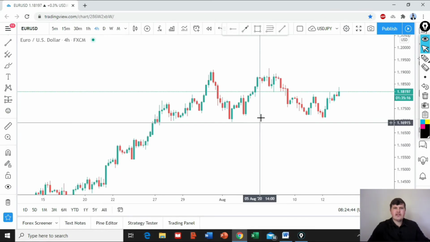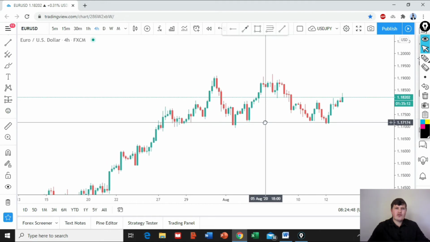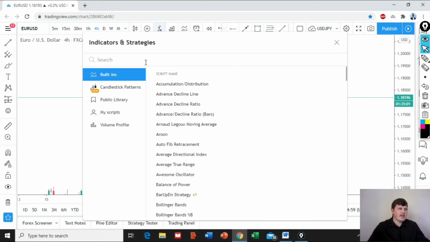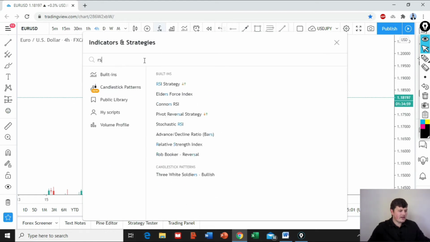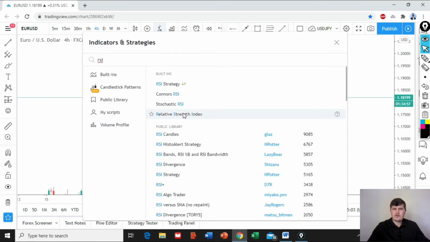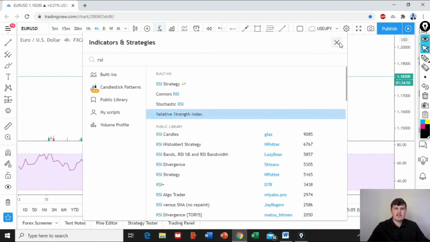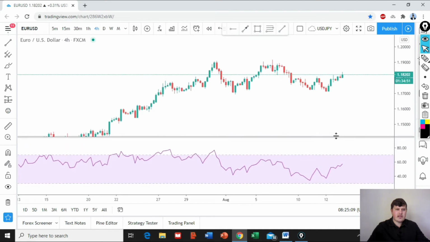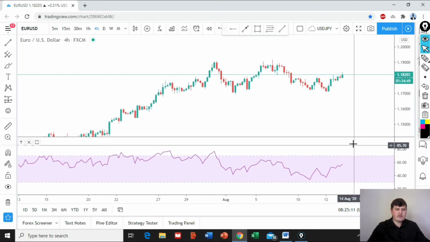We'll be using the Euro USD chart in this lecture, and to draw our first chart indicator, the RSI, you go to this function over here called Indicators and Strategies on your TradingView, and you just type in RSI, the Relative Strength Index, and it automatically adds it to your chart like this. And you can expand it a bit, you can play around with it.